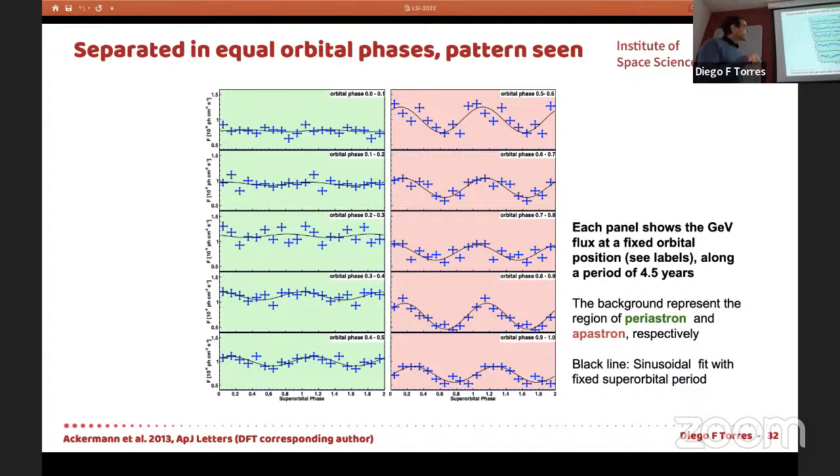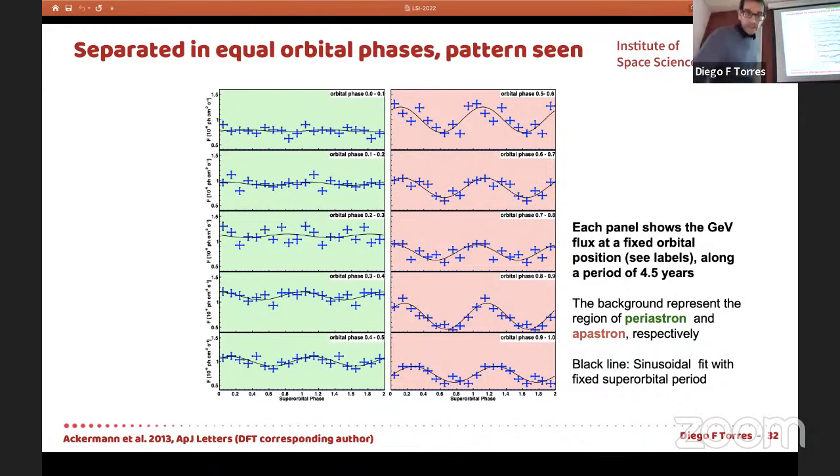Then you have a fit, which is a sinusoidal line with a fixed period at the period of the superorbital variability that was found at the other frequencies. Here it is quite dubious that this period is present, but as soon as you start going off the periastron region, it is quite obvious that the sinusoidal fit is quite good.